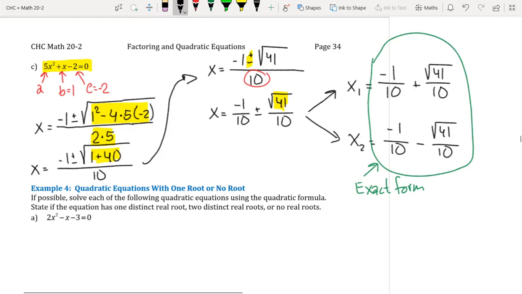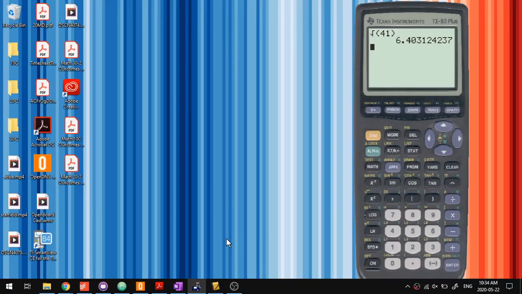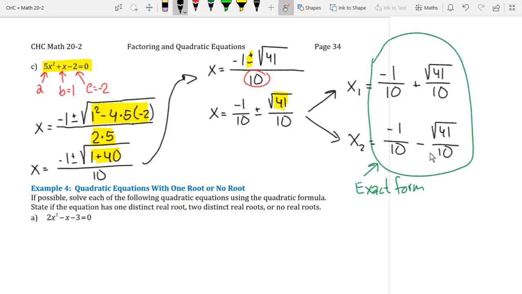So let's do that. If we take the square root of 41, we got 6.40. So the square root of 41 is approximately 6.40, rounded to 2 decimals. So we can continue here.